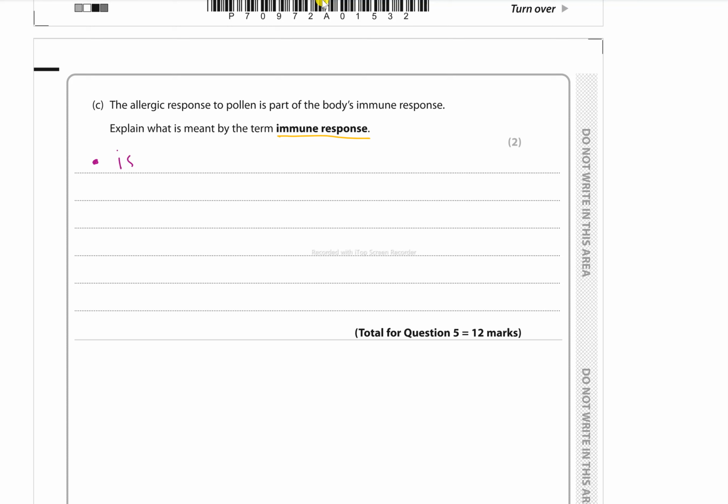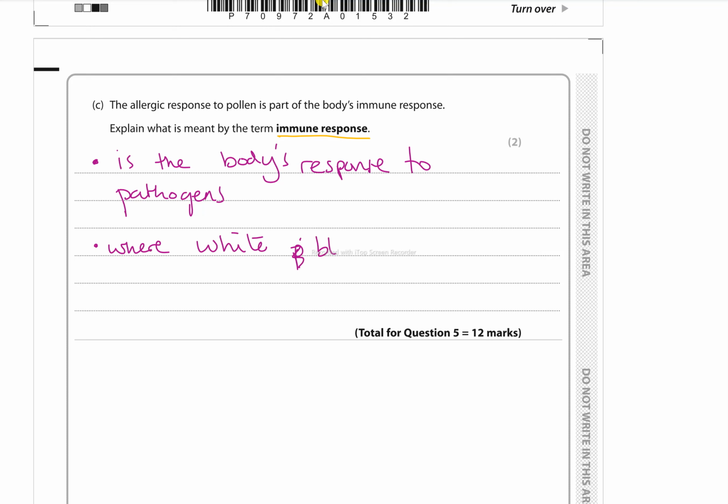So immune response is the body's response or reaction to pathogens where white blood cells, phagocytes and lymphocytes, react.